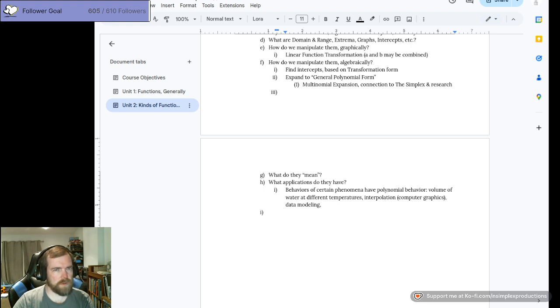Again, all quadratics. Right, computer graphics, polynomials are important for making lifelike 3D objects. Smooth shapes.